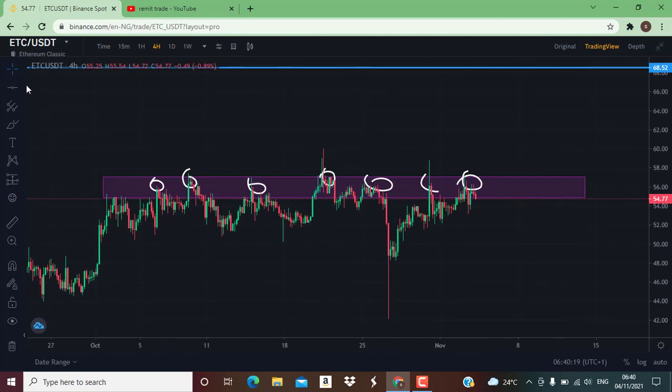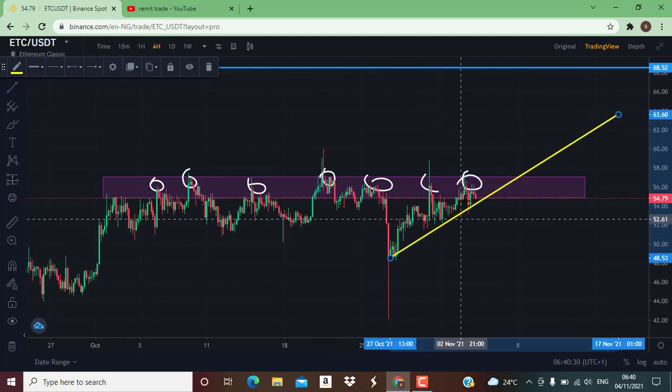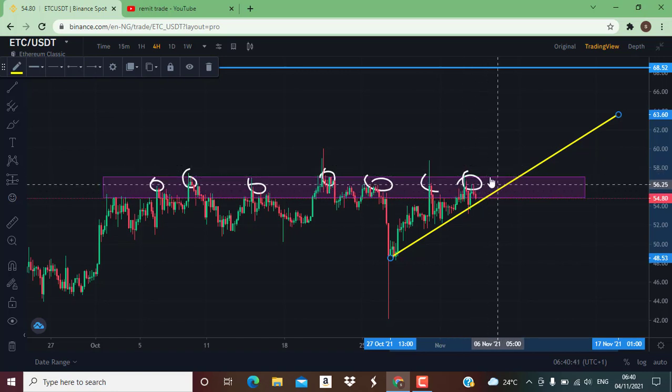Then if I go further to look at this chart, if you draw a trend line from this area to the upside right here, you see this was a trend line. Now if you see a breakout of this trend line down, then that means the market is going to go right back down. But what we are expecting on this chart is a breakout of this resistance level.